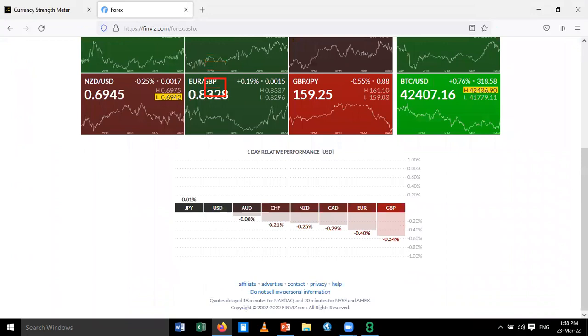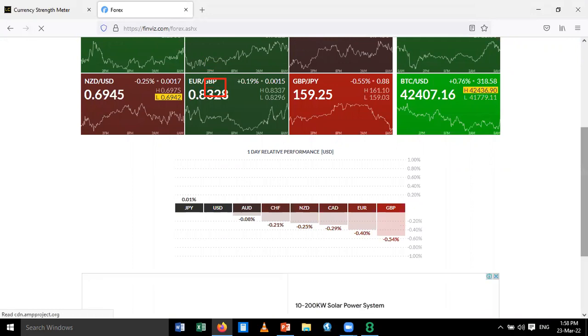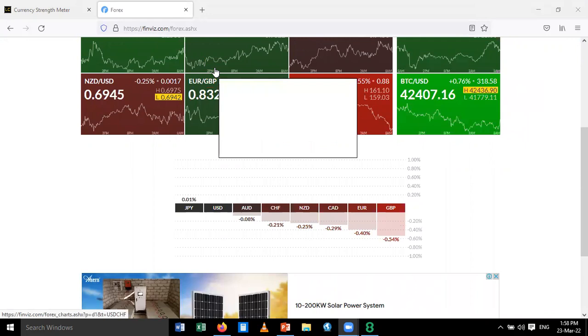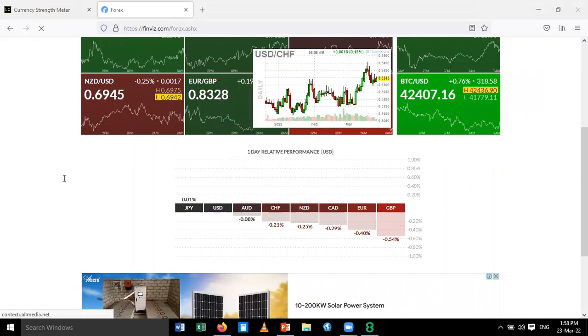Now looking at this gives me the 8 most traded currency pairs with their current strength in descending order. With this, I still got the same thing I got from the other one. JPY here is the strongest currency, GBP here is the weakest, and Euro followed.